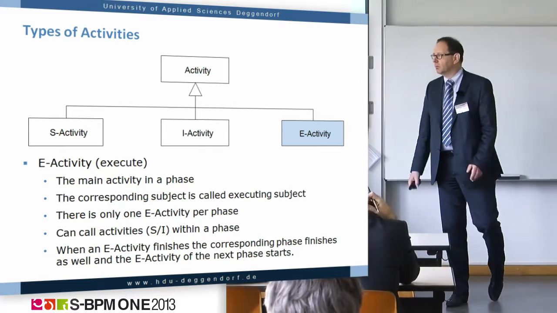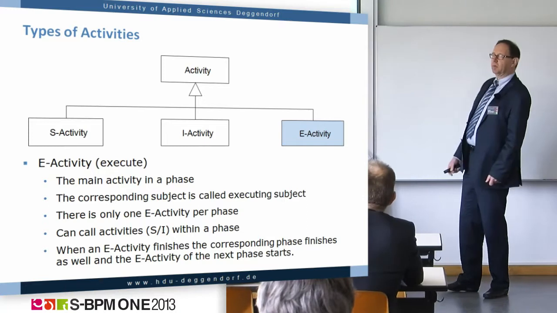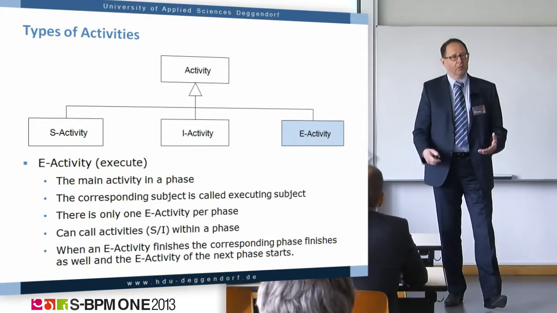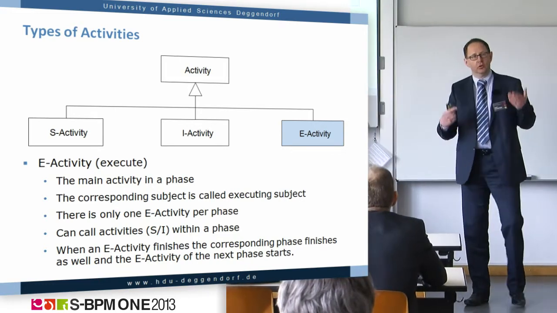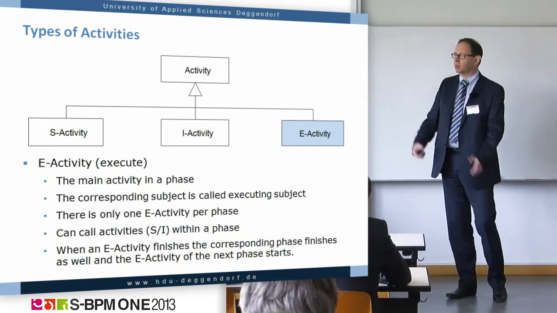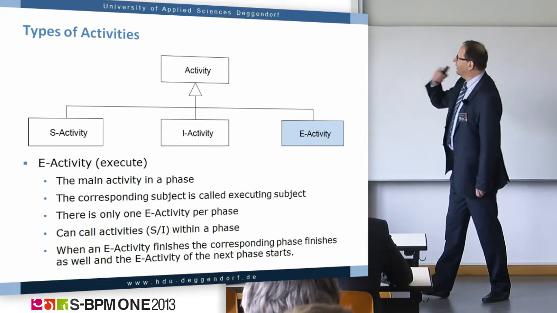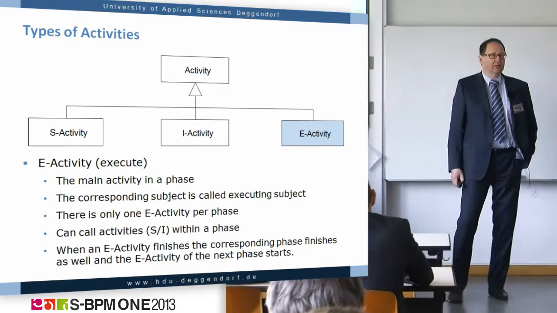Well, you could argue whether this is importance. However, in principle, we view E activities as the most important activities. They constitute the flow of actions within such a matrix.